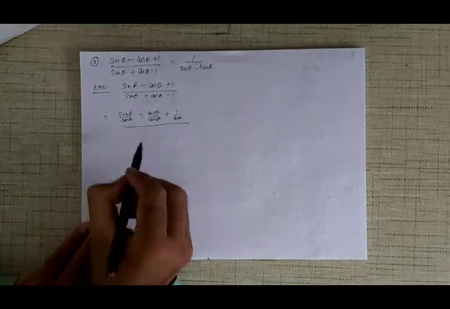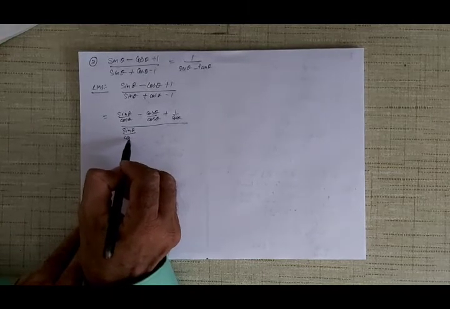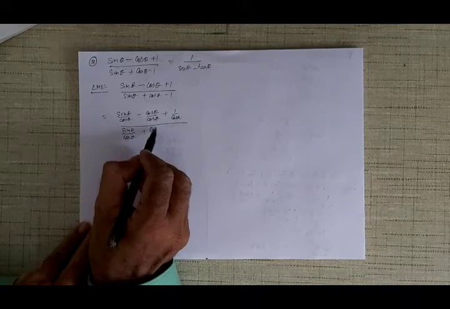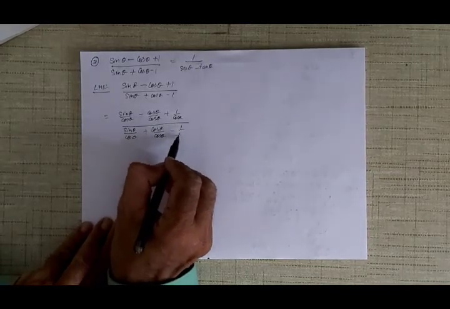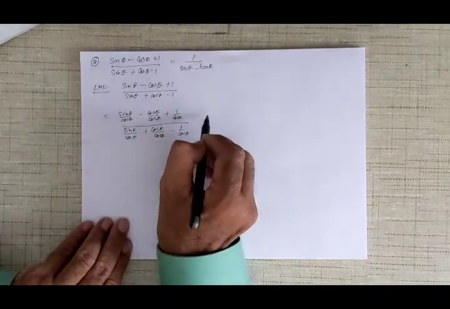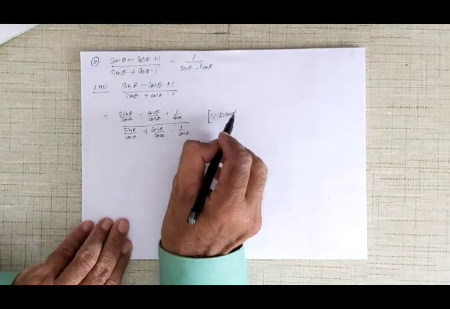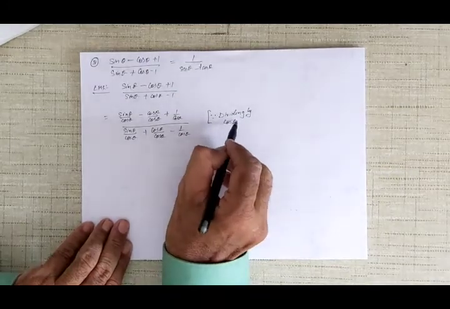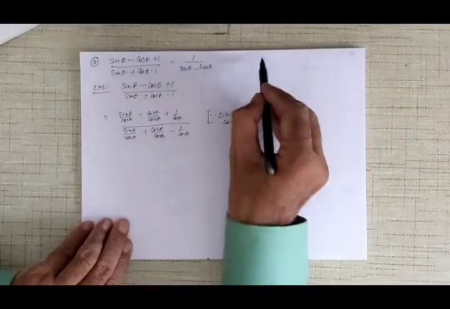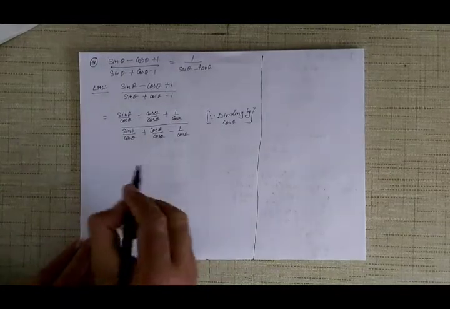In the denominator also I do the same thing: sin theta upon cos theta plus cos theta upon cos theta minus 1 upon cos theta. Now here you can write the reason: dividing by cos theta. Okay, what have I done? I have simply divided by cos theta, numerator and denominator.